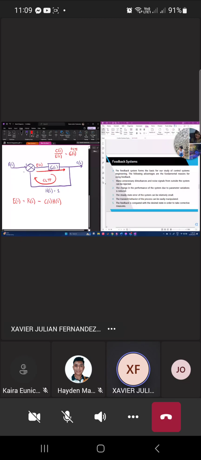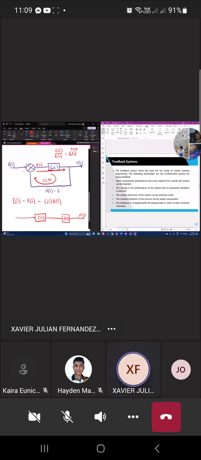Let's say you have an open loop system. C of S is your controller, G of S is your plant, your output is let's say Y of S, and the input is R of S.